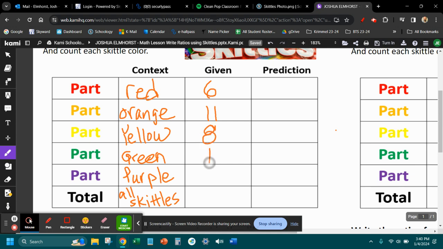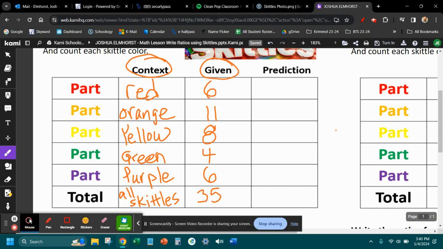Green? Purple? And now either you could add all these up or you could count all of them together, but how many total Skittles are there? 35.